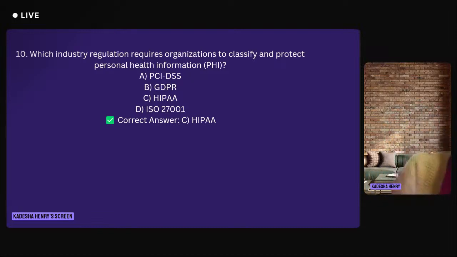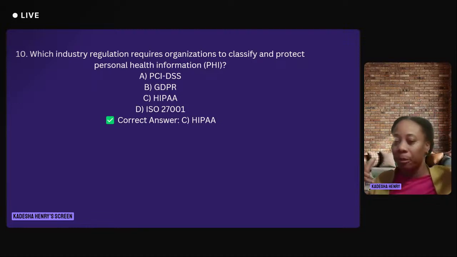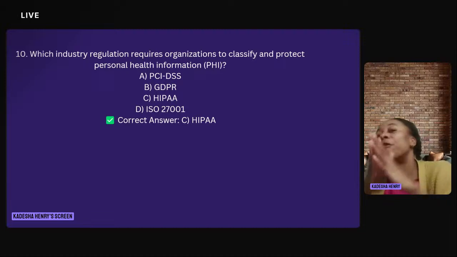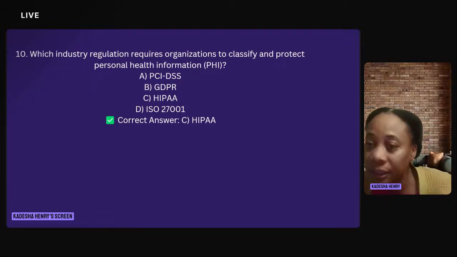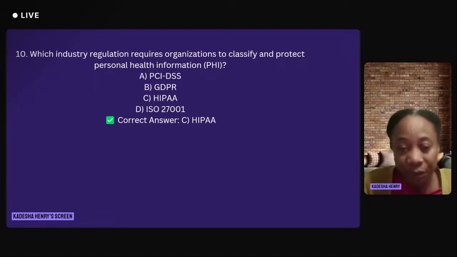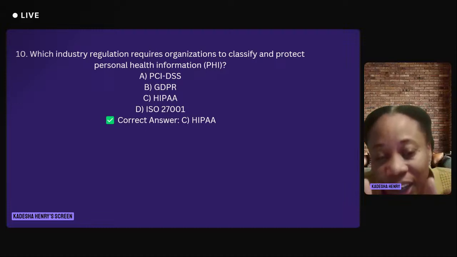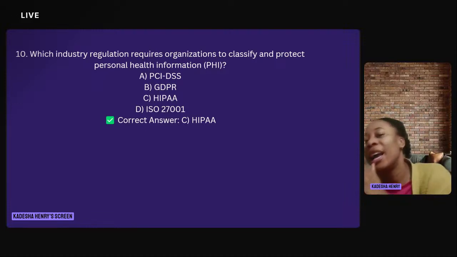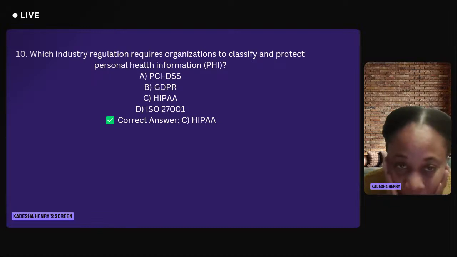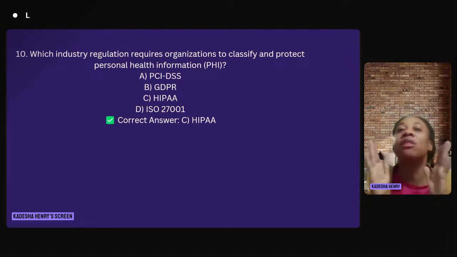So with this concept of classification of data, you have come to realize now that data is in fact classified: internal, public, highly sensitive, and confidential. And you have to determine the stage of the information.